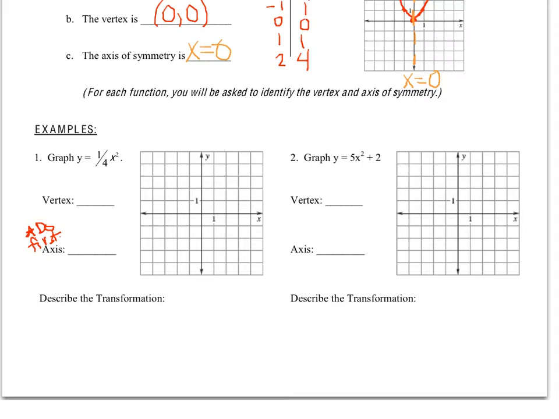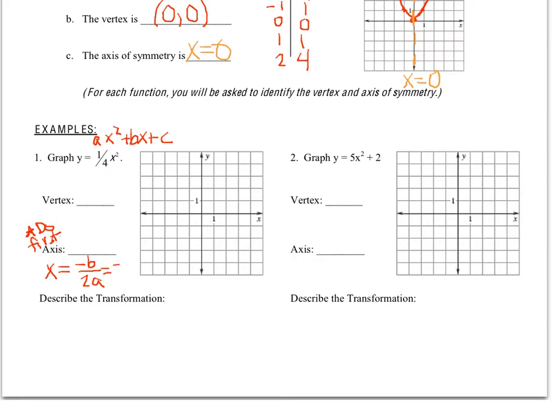Here's my formula: x equals the opposite of b over 2a. In standard form, this is ax squared plus bx plus c. My b value is what's next to the x, and there's no x term, so we know b is 0.